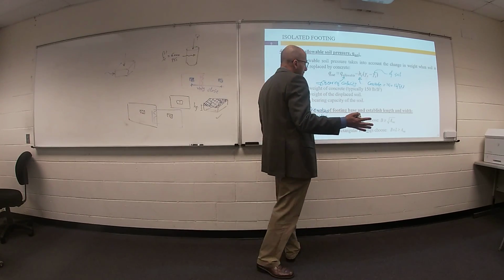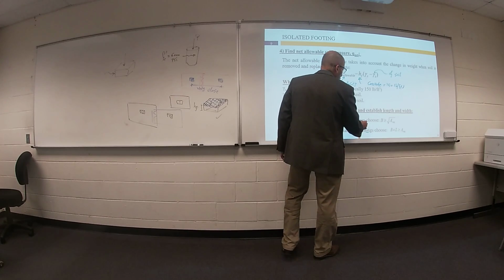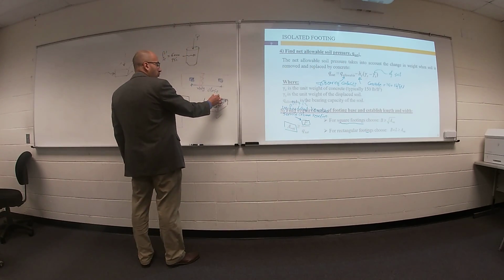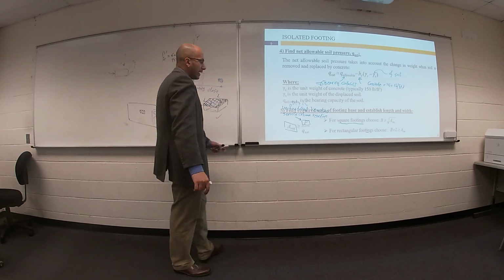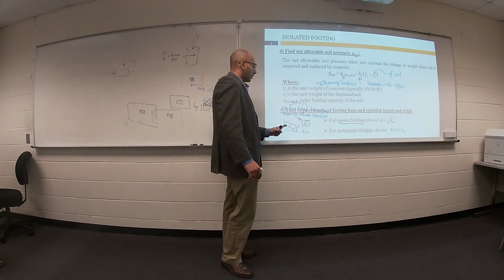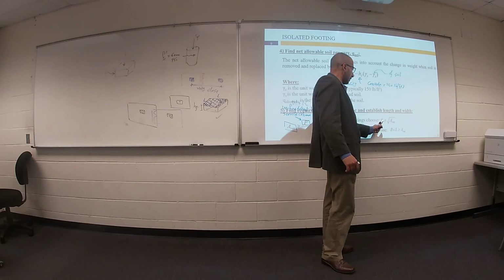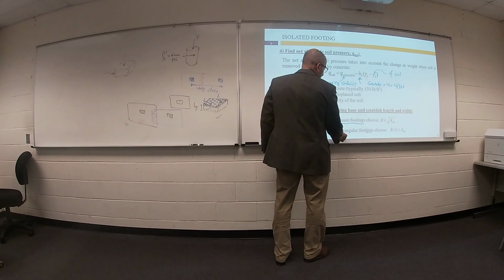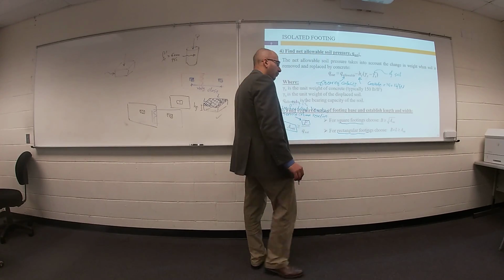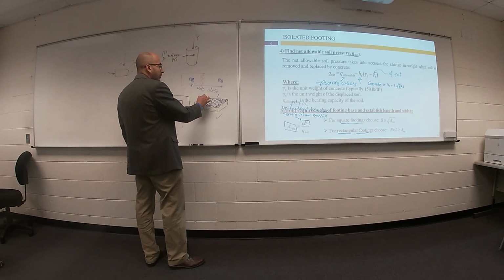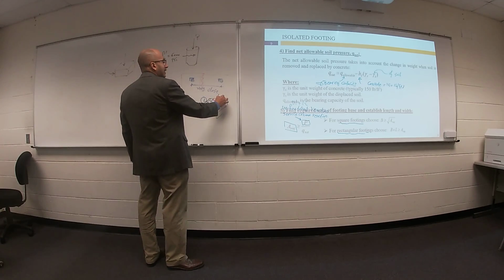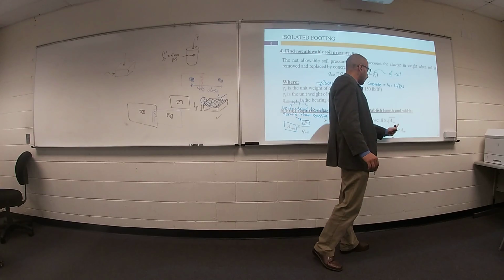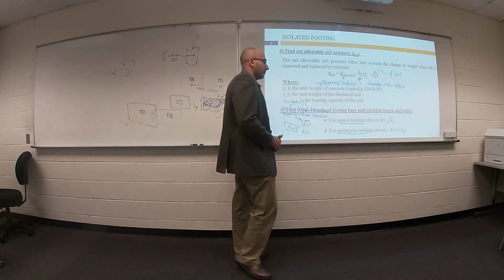Maybe your footing is a square footing, so L squared equals the area required. To get one side, take the square root of the area required. Or your footing is rectangular, so you assume one side and determine the other side by dividing the area required by the assumed dimension.